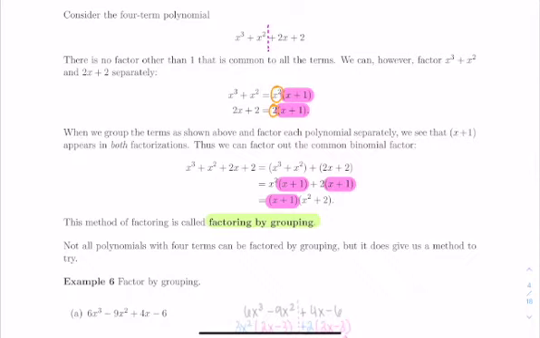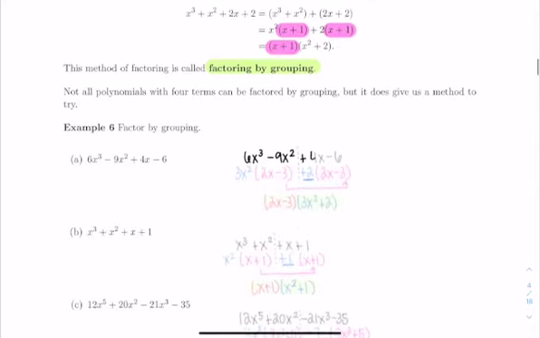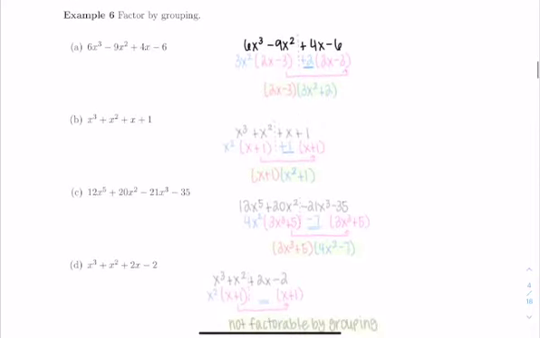So let's go ahead and try this with example number 6. We have 6x cubed minus 9x squared plus 4x minus 6. So the first thing we want to do is split this polynomial right down the middle. So looking at 6x cubed minus 9x squared, what is the GCF?